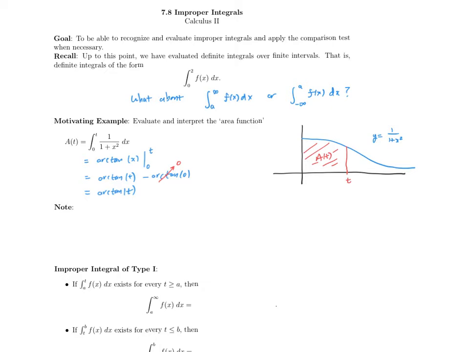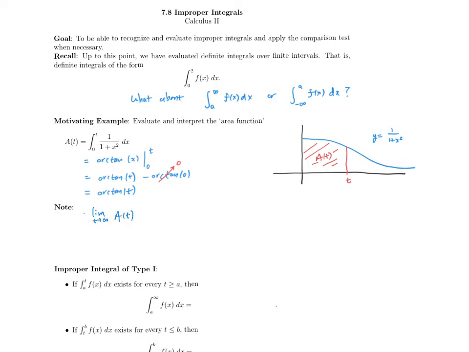For every value of t, we can calculate this enclosed area, regardless of how large t happens to grow. So a question we could pose might be, what is the limit as t approaches infinity of A of t?